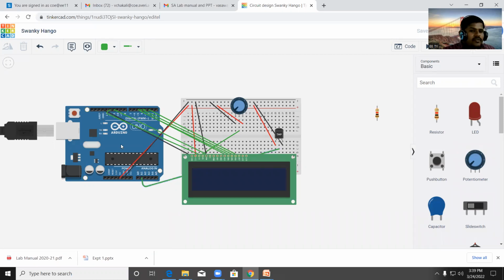Before designing the circuit, search here for different types of components, whichever component you require for interfacing.